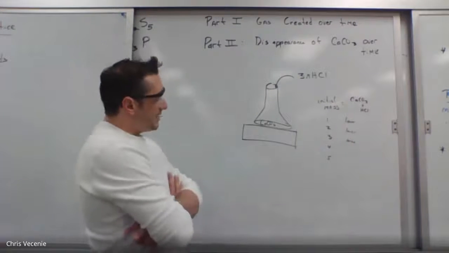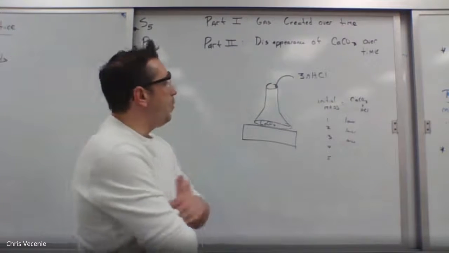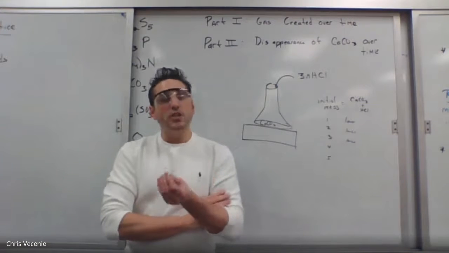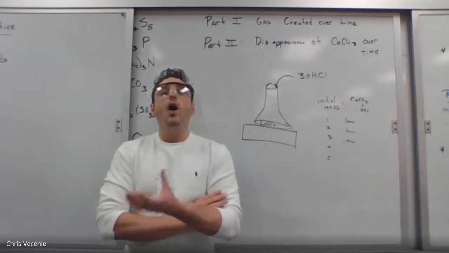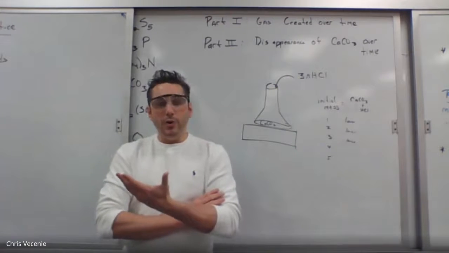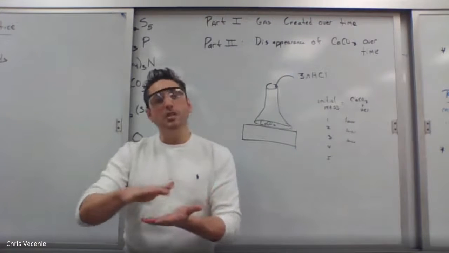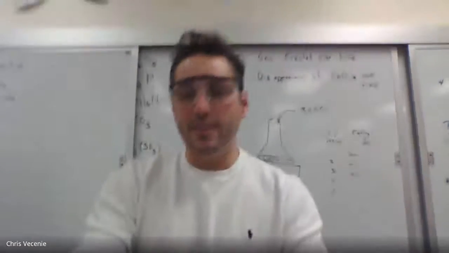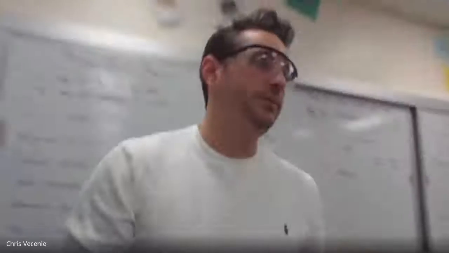So we measure the missing mass, which is calcium carbonate, over time, and now you know how quickly the calcium carbonate is reacting away. Like I said, that setup isn't anything crazy, but I'll show it to you, and then I'll get you working on your labs.